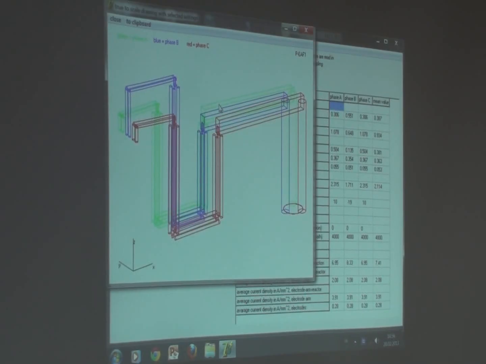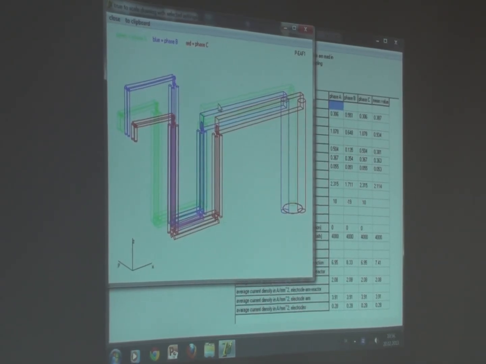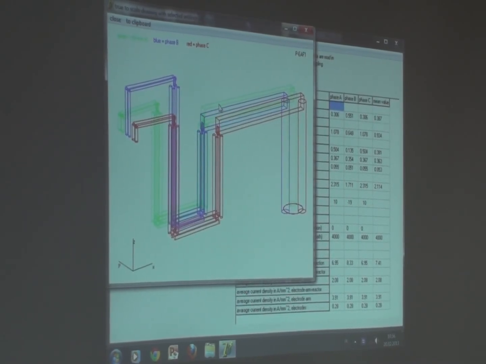This is what you need, and if you want to make a calculation, I've tried this.